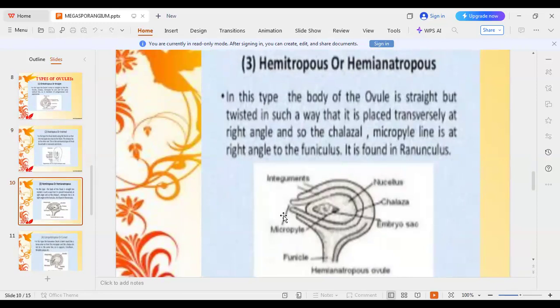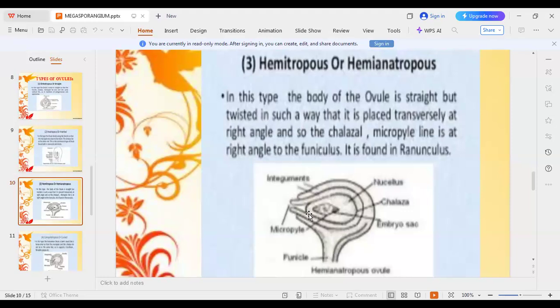It's like, the first one is straightened and the second one is inverted, and this hemianatropous looks like a twisting, a vertical or twisted arrangement. So that it is placed transversely at right angle, and so the chalazal micropyle line is at right angle to the funiculus. So it is found in the Ranunculaceae or Ranunculus.